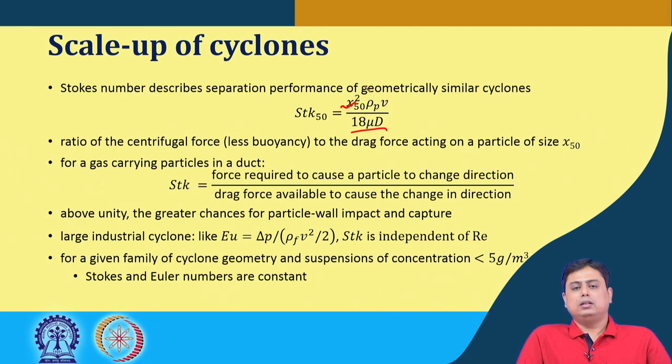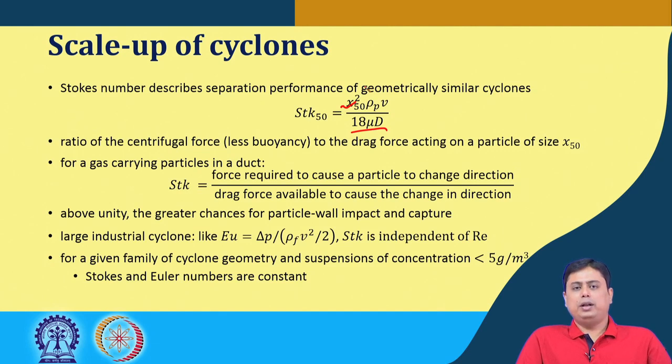If that is sufficient, then the particle will change its direction, which means if this Stokes number is above unity, more than 1, then there are chances of particle wall impact and consequently it can be captured. So that is why this Stokes number is important in describing the characteristics of a certain cyclone separator.